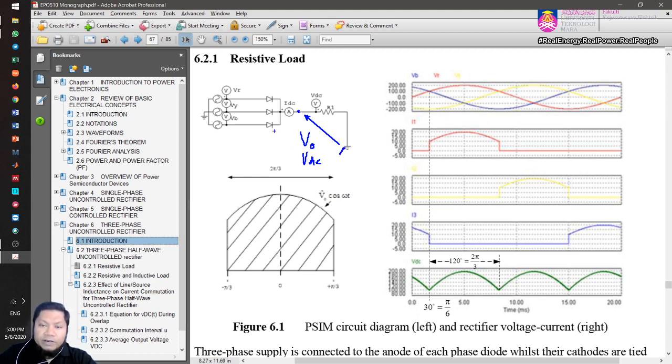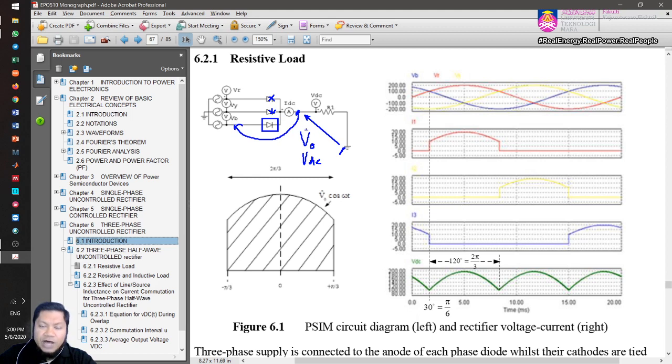Therefore, when we start at 0 seconds, diode blue is on, isn't it? When this is on, the other two diodes are off, which means this point will be connected to the blue waveform.